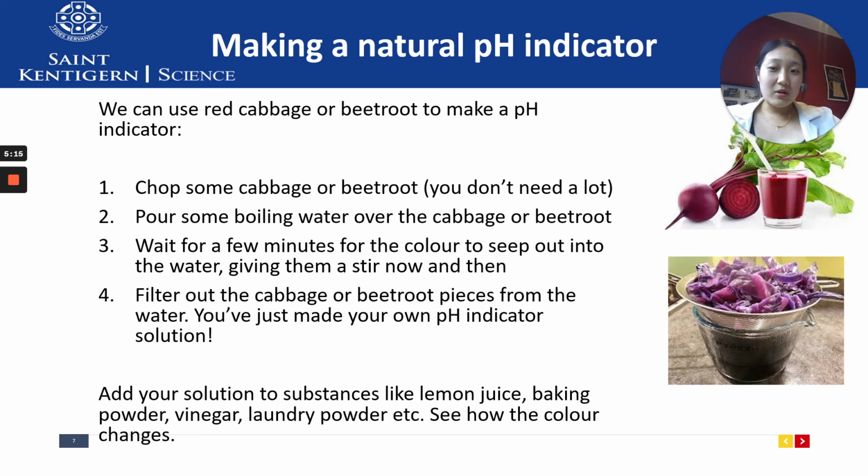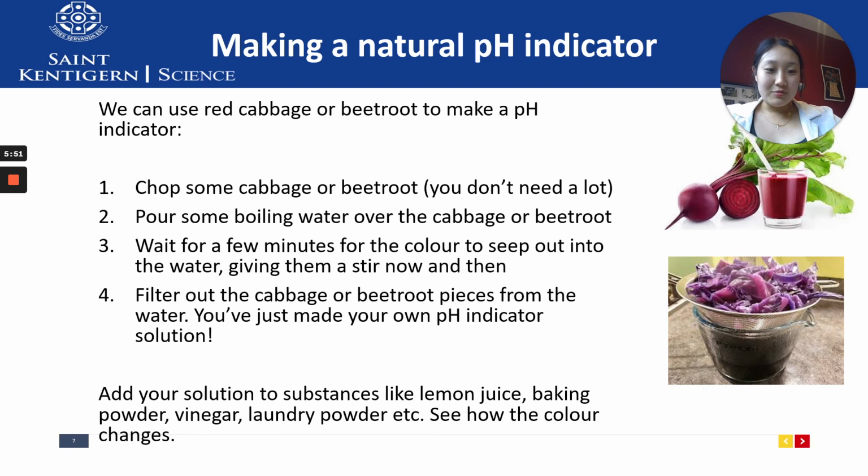You can chop up some cabbage or beetroot, you don't really need a lot, and you can pour some boiling water over the cabbage or beetroot, and if you wait for a few minutes, the color will start to seep out into the water, and if you stir it around now and then, it'll quicken the process. And then if you think there is enough color in the water, you can filter out the cabbage or the beetroot pieces and let the water cool down, and you've just made your own pH indicator.